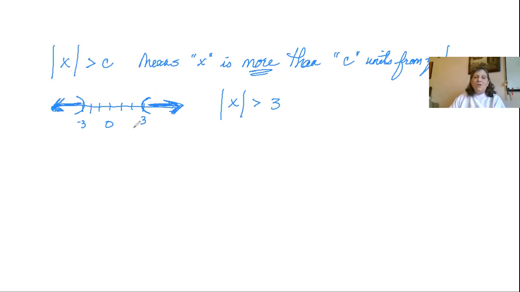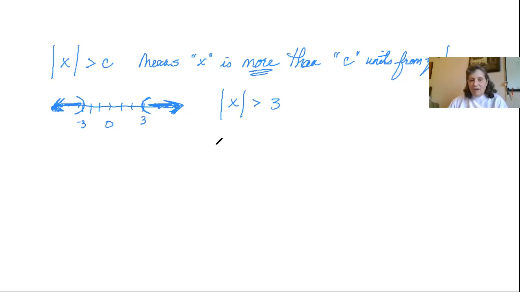These numbers are more than 3 units away. All of these. Now, you can't write this as one interval because it's two separate intervals that don't touch. It cannot be both bigger than 3 and smaller than -3 because there isn't any such animal.